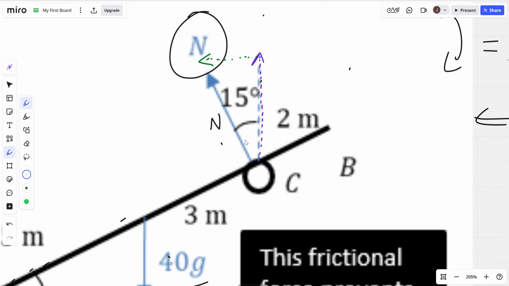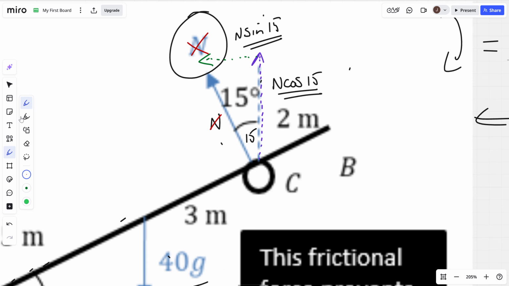So if it's 15 and n, this is the adjacent side. So this purple side here will be n cos 15. And this one here, which is opposite, will be n sine 15. Okay, now if I get rid of, well, that's just confusing. I've resolved it, so I can ignore that now.